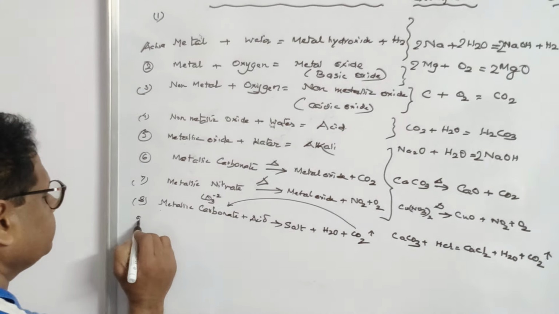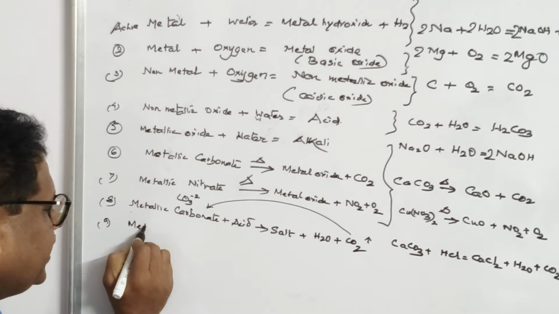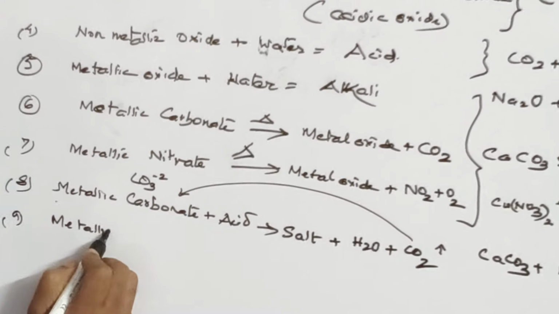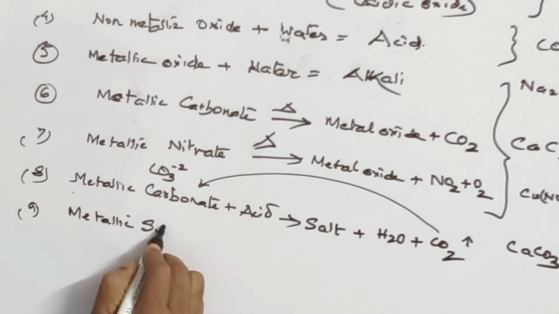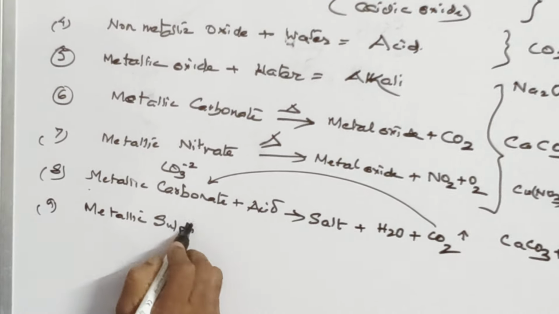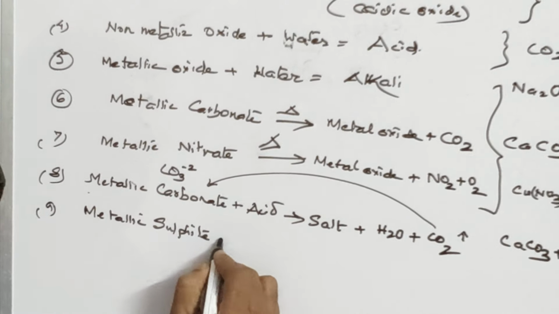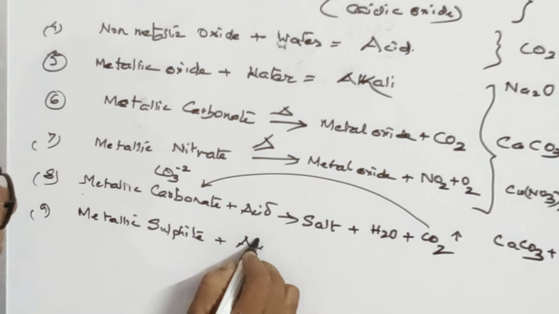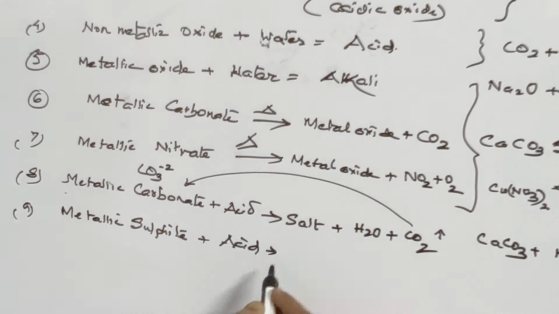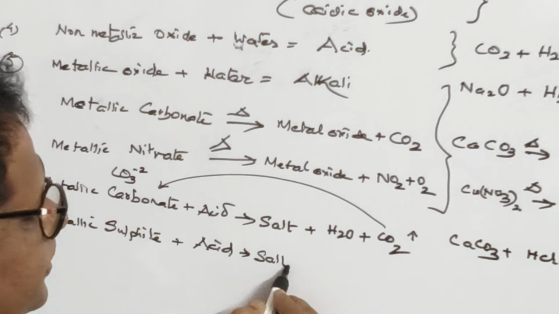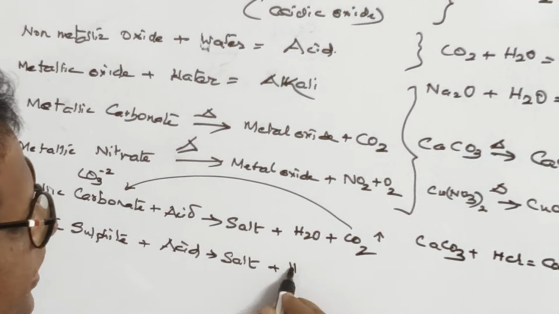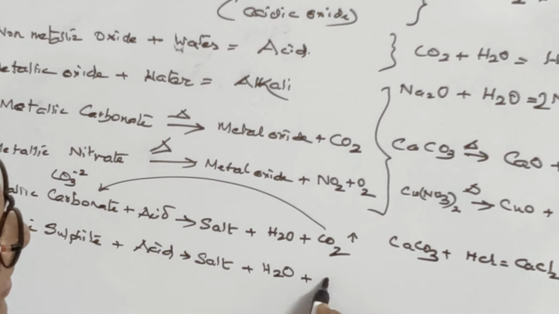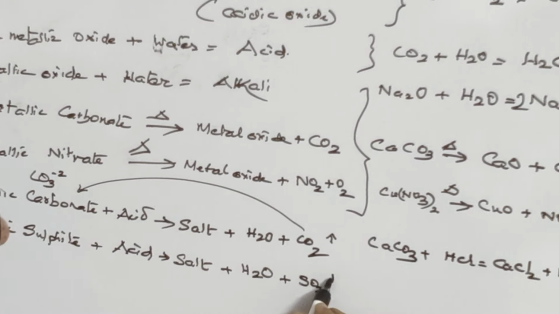Next, if you react a metallic sulfite plus acid, it forms salt plus water plus SO2, okay.